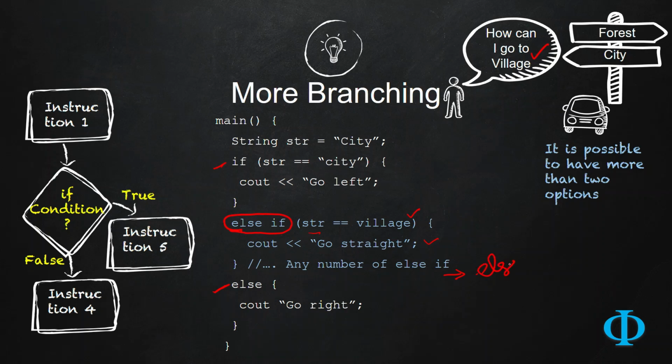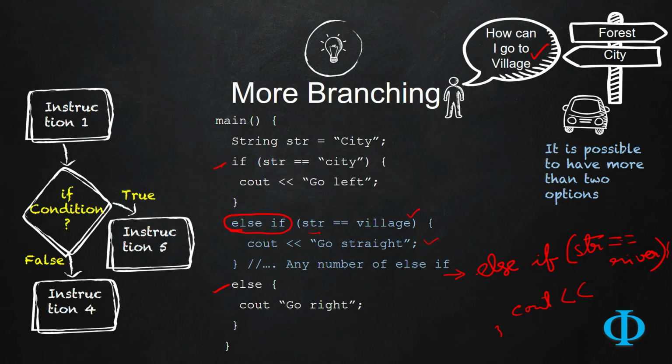Let's say an else if str equals river, something like this. And then you can do the cout for that river also. And not only river, it can be anything. You may decide to go to lake, you may decide to go anywhere actually.